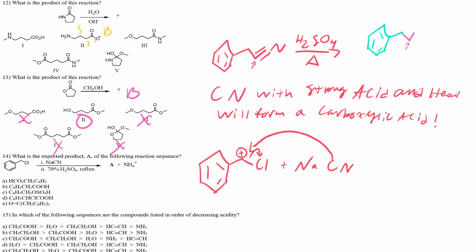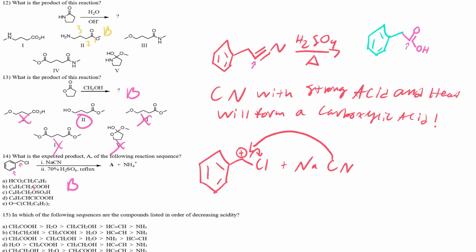And now we have the oxygen and the alcohol. So that is a carboxylic acid. So therefore we have C6H5, which is this ring. That's C6H5. CH2, which comes from this carbon. And then this carbon right here came from the cyanide. Then we have the carboxylic acid. So the answer choice is B. Okay? It's B.